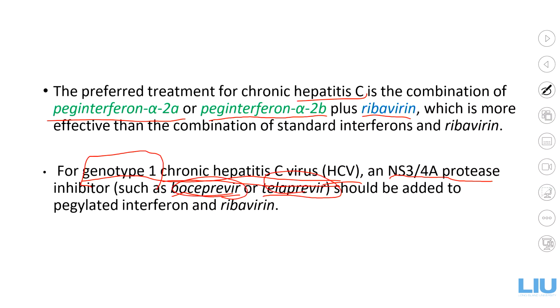So in the case when you have genotype 1 of hepatitis C, then you could use those protease inhibitors, and they should be added. Make sense? So that's the concept. Some of the hepatitis C species have this protease called NS3-4A, and for those genotype 1 hepatitis C, you would give the protease inhibitors that act on this protease. Make sense? Any questions so far?